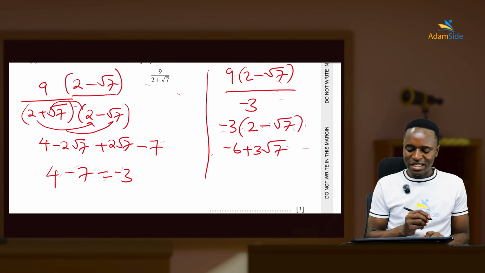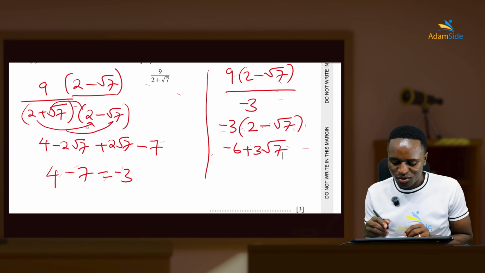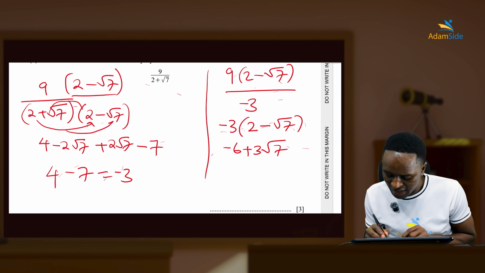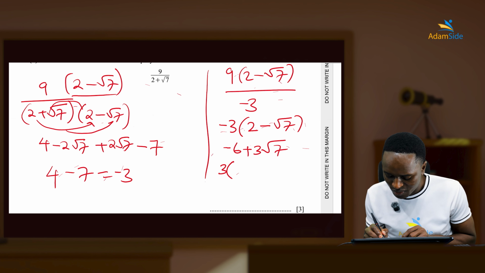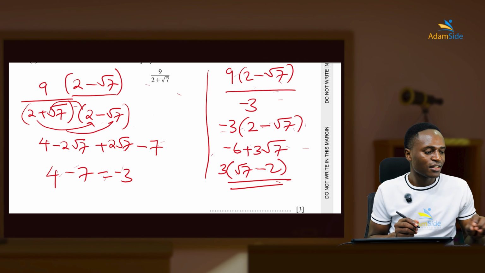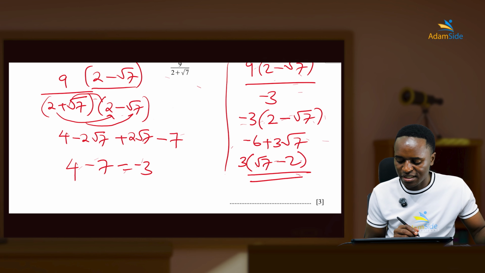So you get minus 6 plus 3 root 7. If we open with 3, this one will be root 7 minus 2. That's the correct answer, the simplified version.